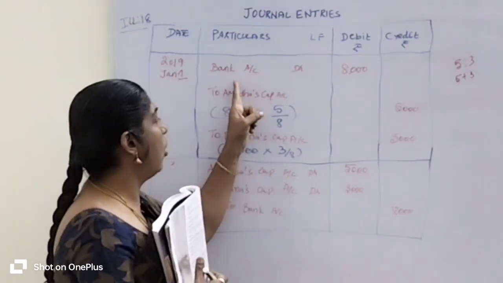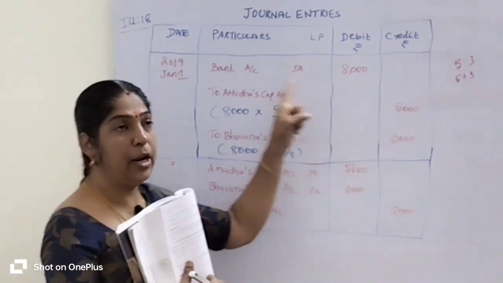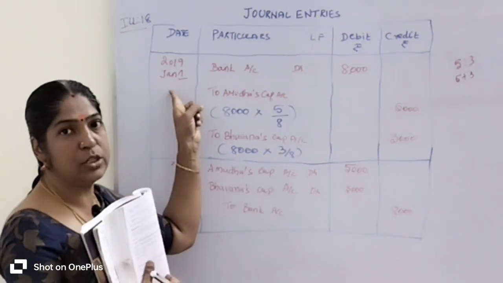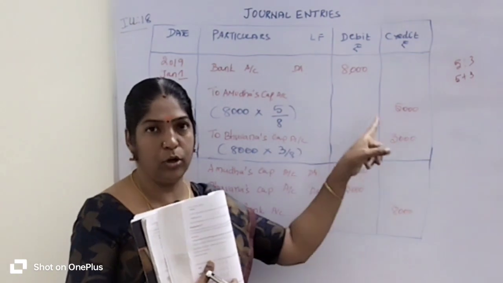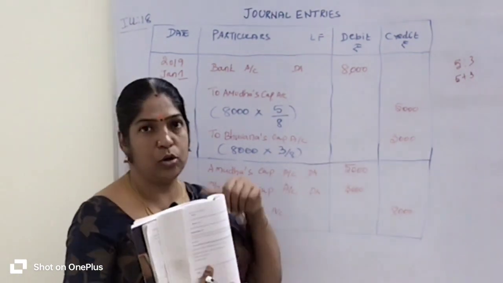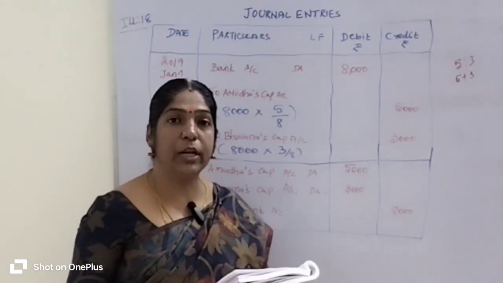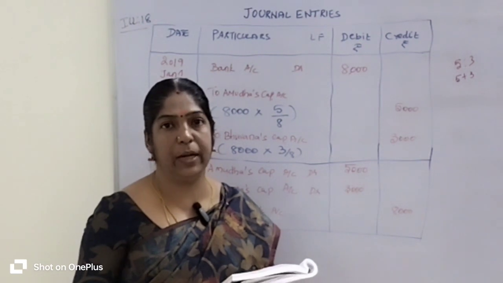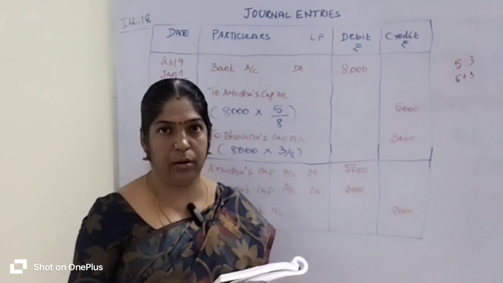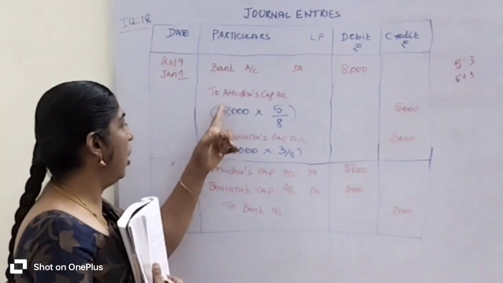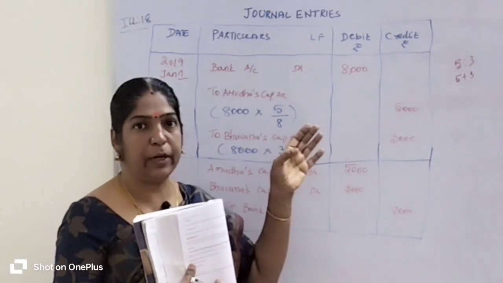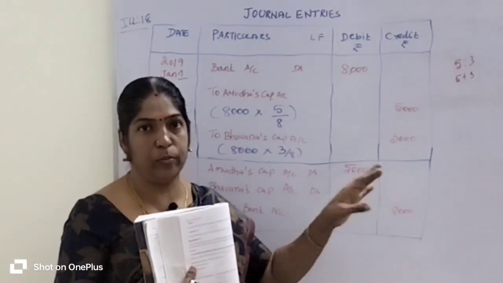Cash account or bank account is to be debited ₹8,000 on the joining date, 1st January 2019, and the respective old partners' capital accounts are to be credited. Who are the respective old partners? Amuda and Bhuvana.